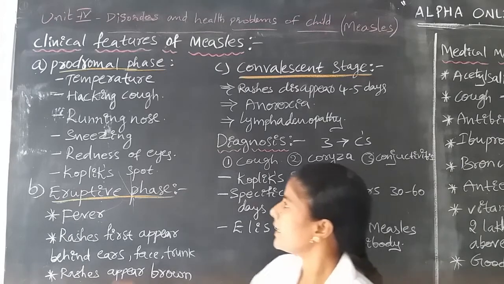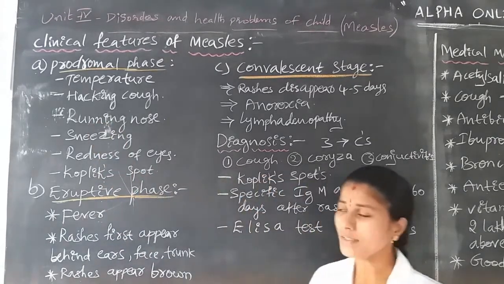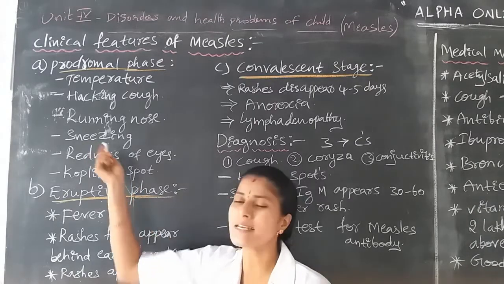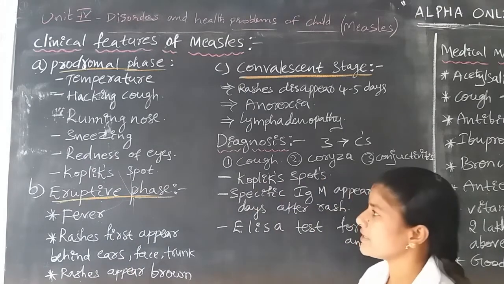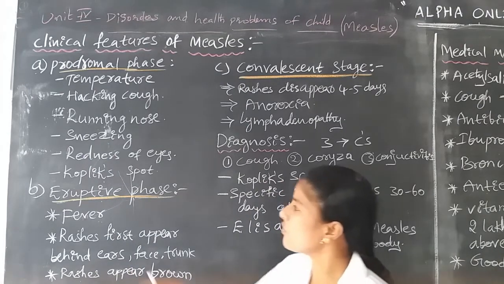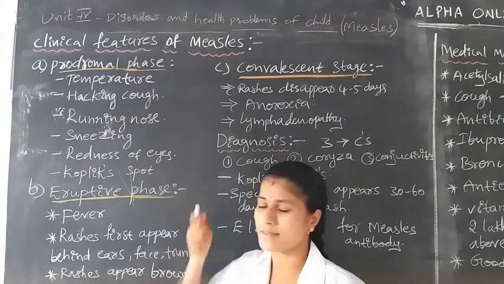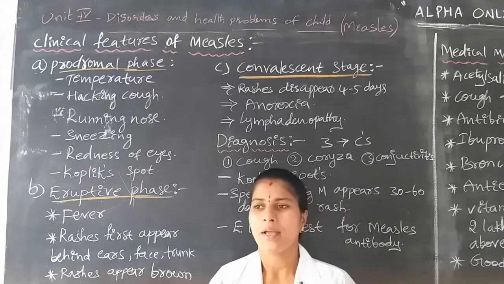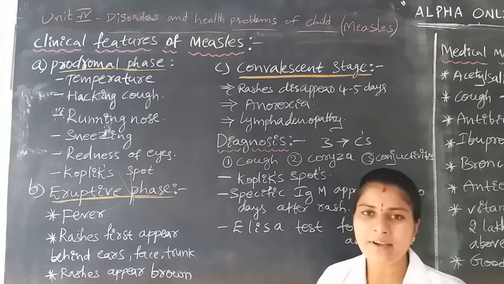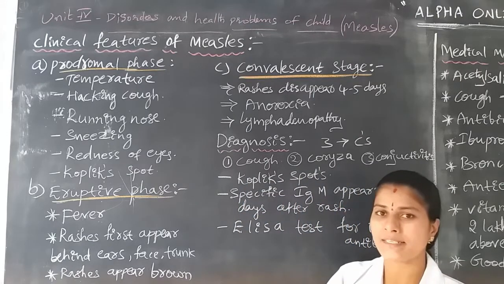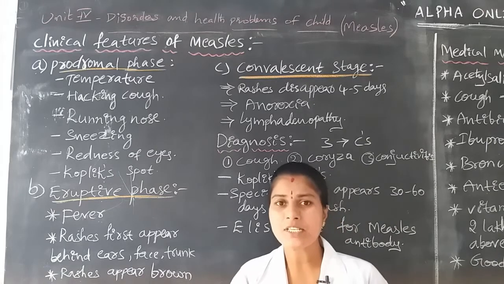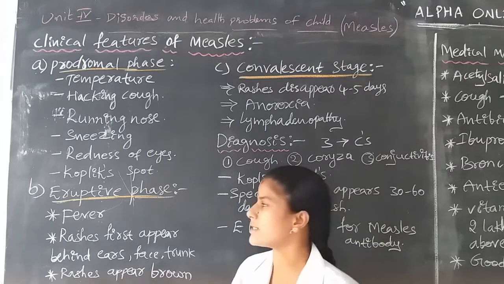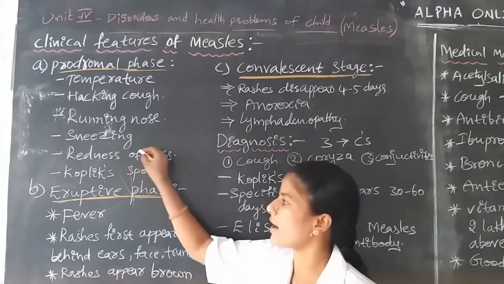Next, running nose and sneezing. Redness of eyes, because of conjunctivitis; due to the conjunctivitis, the children have redness of eyes.